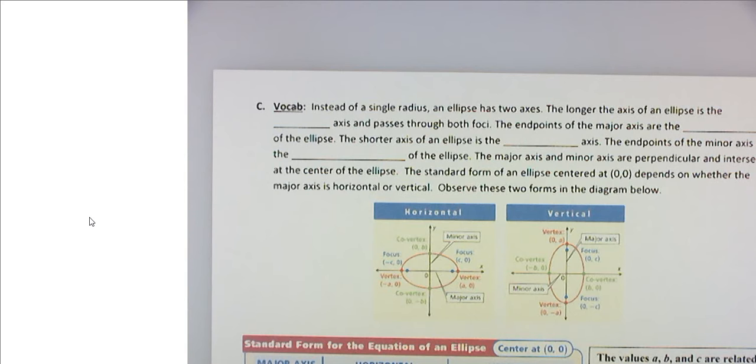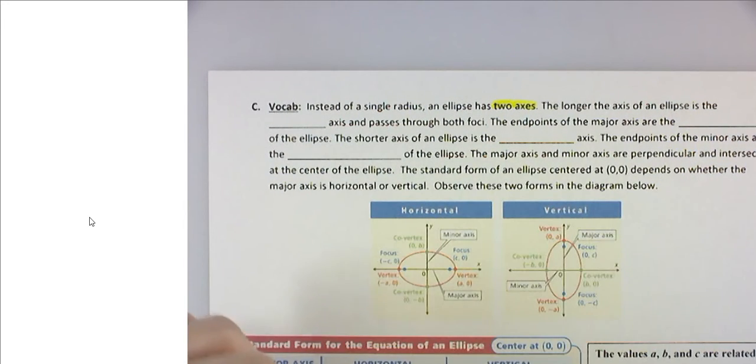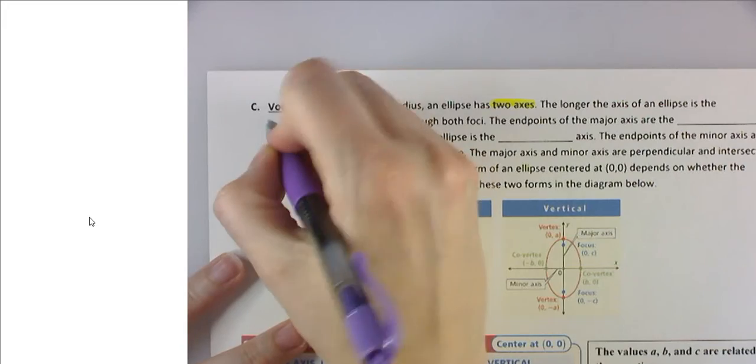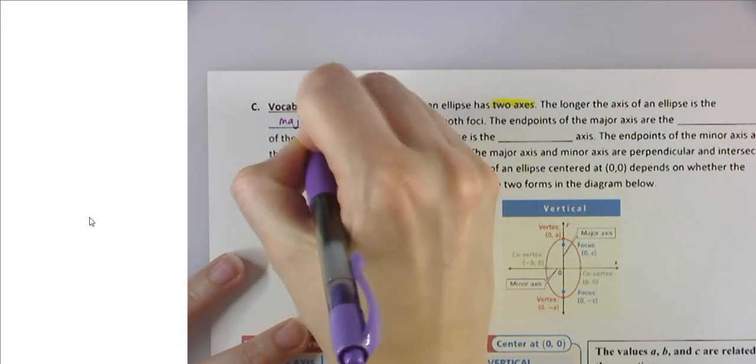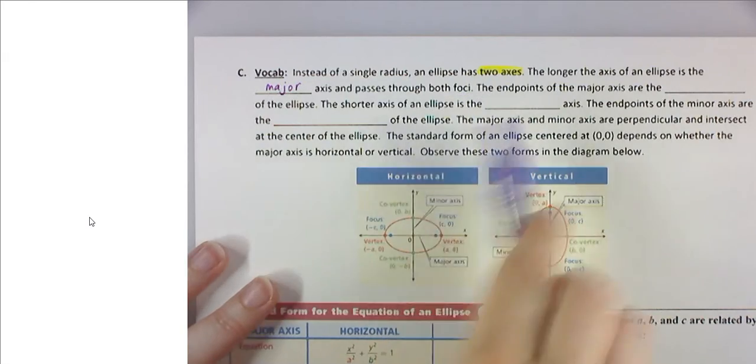Okay, the longer axis is called the major axis, and it passes through both foci. The endpoints of the major axis are called the vertices of the ellipse.